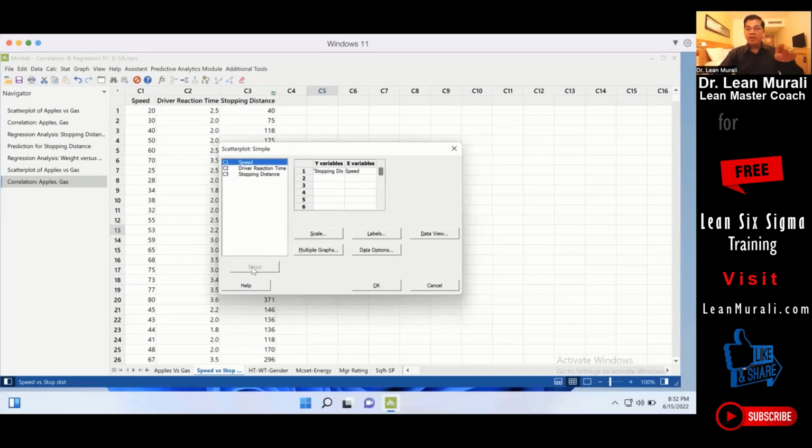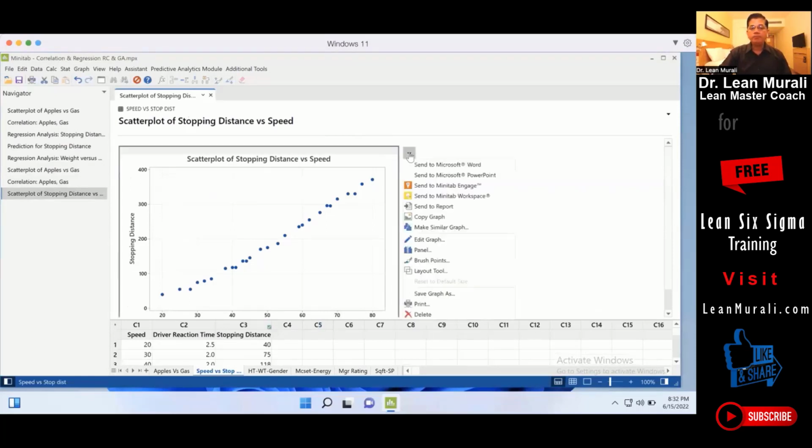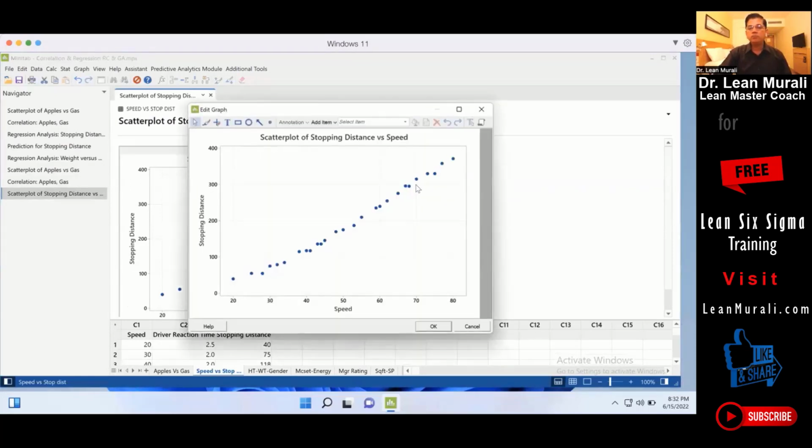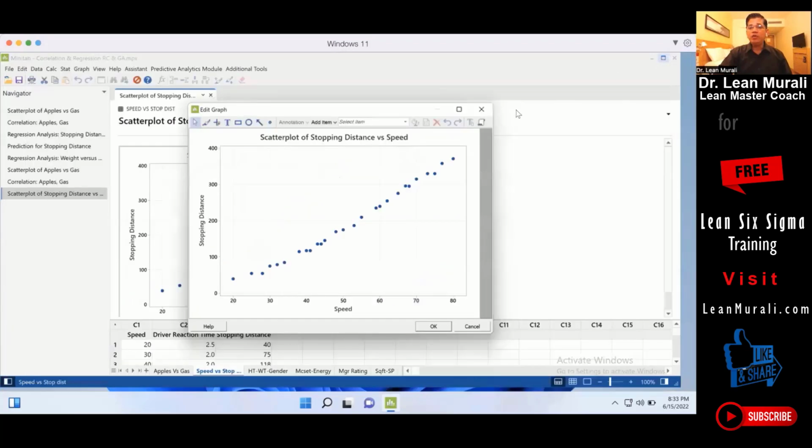Now there is also a driver reaction time. I will teach you that in multiple regression. So if you do this, how do you find this graph? Yes, they are correlated. Can we see the correlation?